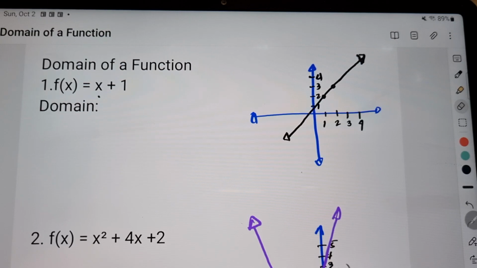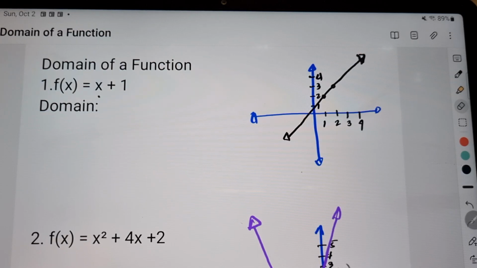This is a linear function. f of x is equal to x plus 1. Now, in a linear function, we can substitute x with any numbers or any values. When we say any numbers, it means all real numbers. Why real numbers?